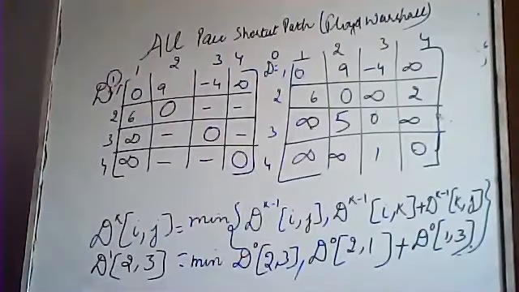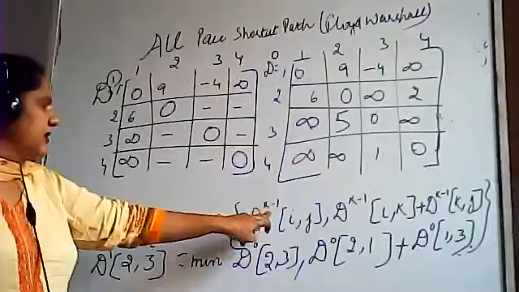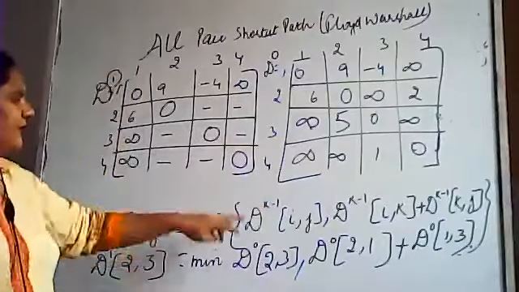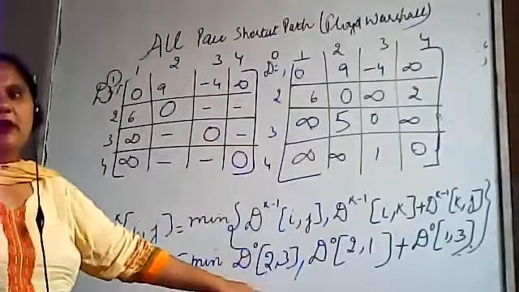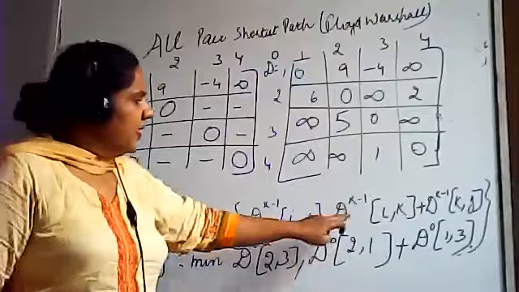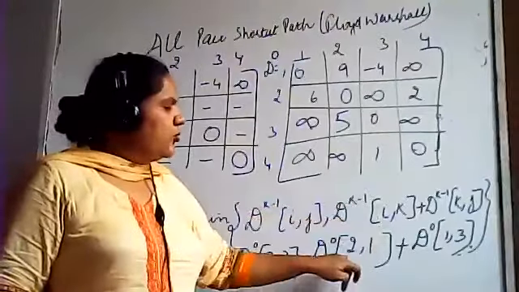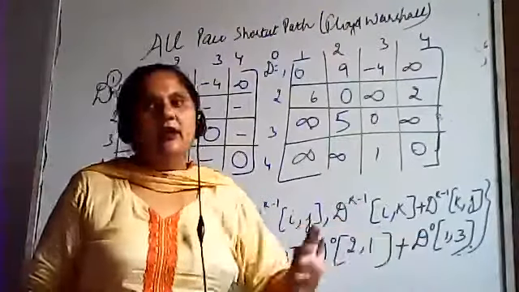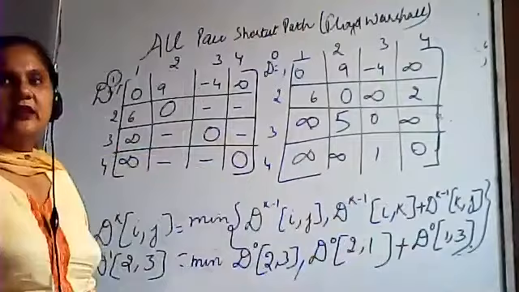Is it clear? D1 of 2, 3, that is the value you are going to calculate. So minimum of D0, where k minus 1 is 0 because the value of k is 1, and 1 minus 1 is 0. 2, 3. Then D0 of I, k is 2, 1 and 1, 3.